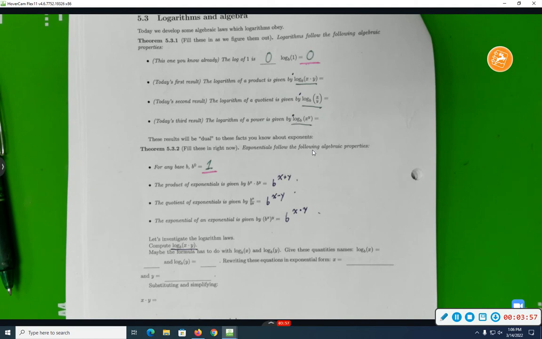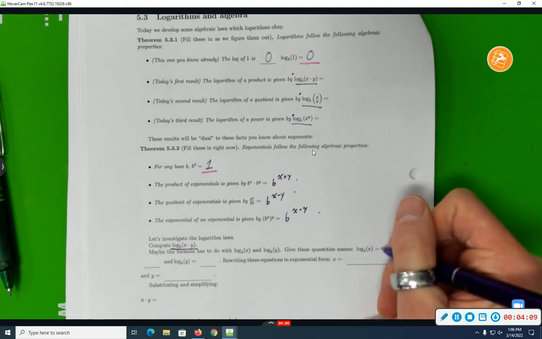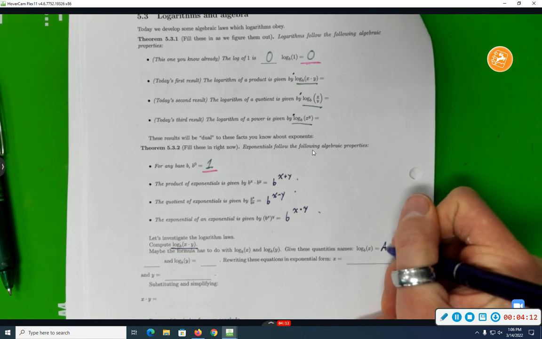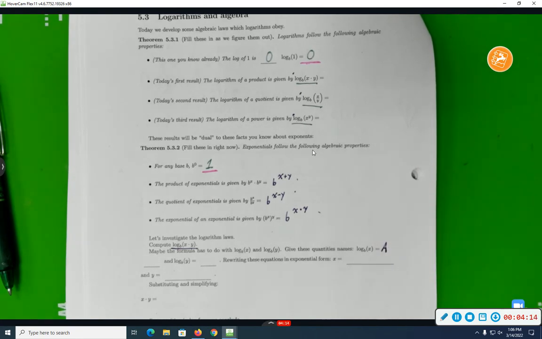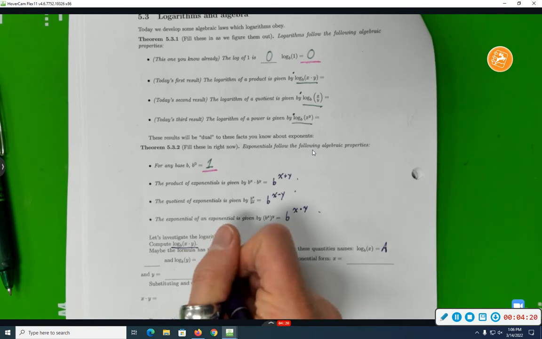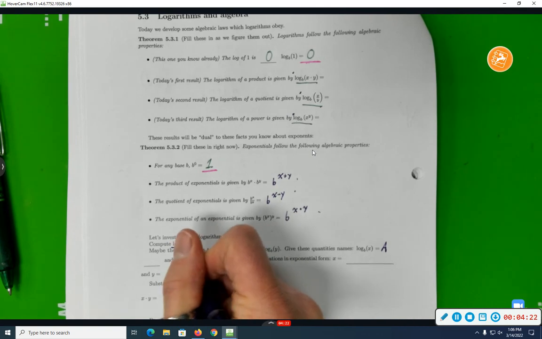So let's get the names. What would you like to call the log base b of x? Give me a variable name. A. Cool. I'll use capital A. What would you like to call the log base b of y? C. I see that you're avoiding the letter b for a reason.